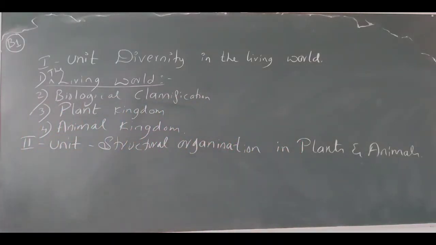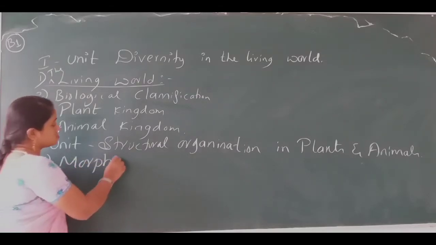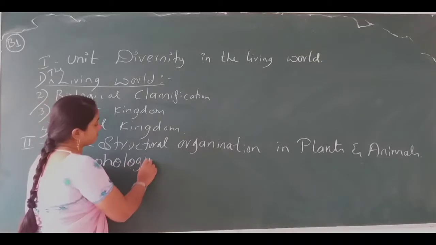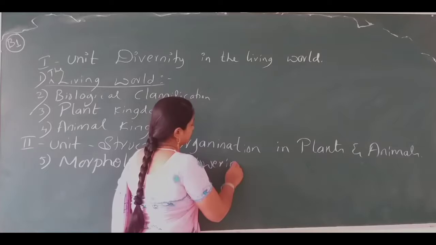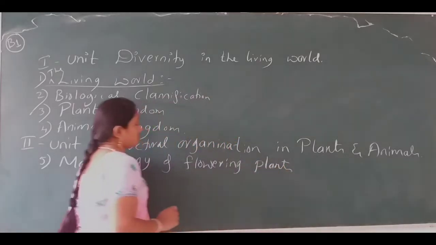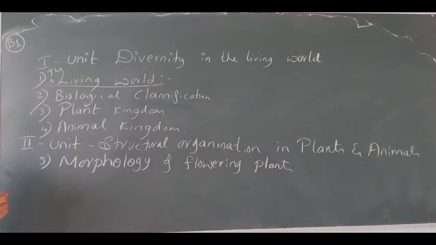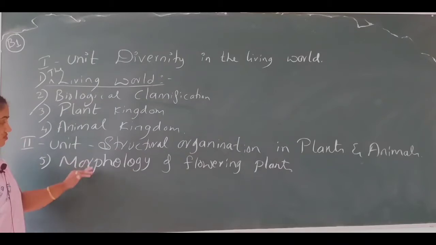This unit consists of 3 chapters. Chapter number 5, morphology of flowering plants. Just now I said, no. Yes, my dear students, it's all about the morphology.